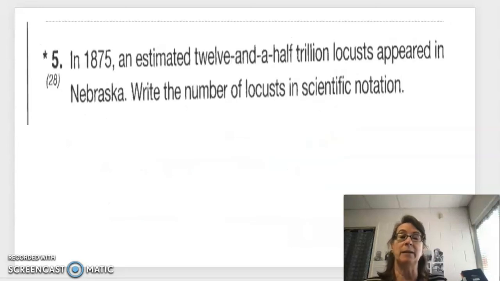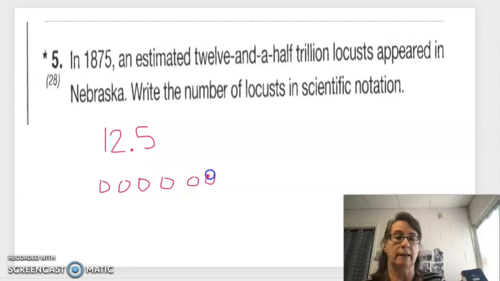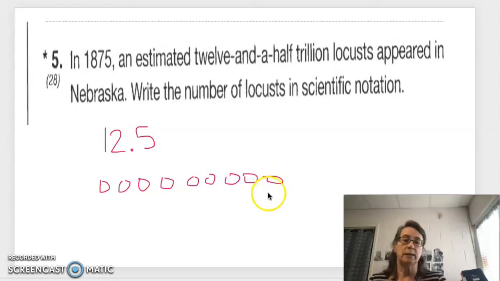Okay. And number 5, in 1875, an estimated 12.5 trillion locusts appeared in Nebraska. Write the number of locusts in scientific notation. Okay, so we have 12.5 trillion. Now let's think about what a trillion is. We've got to figure out where to put our commas.